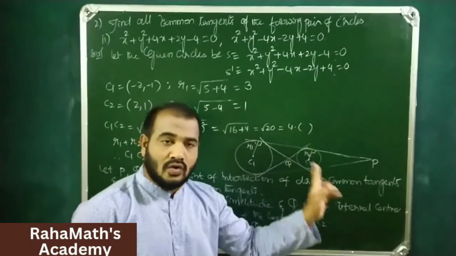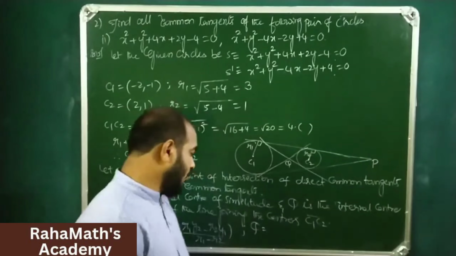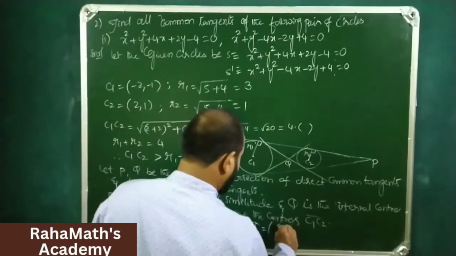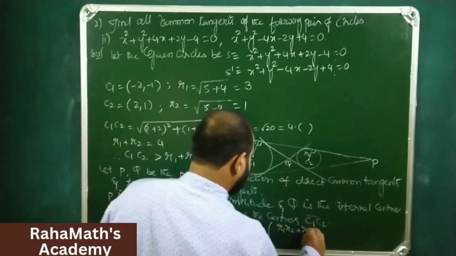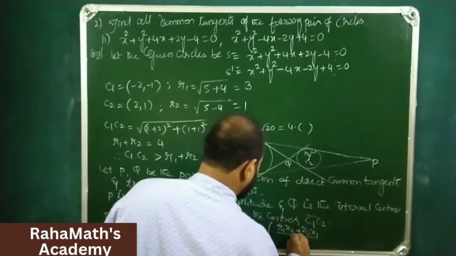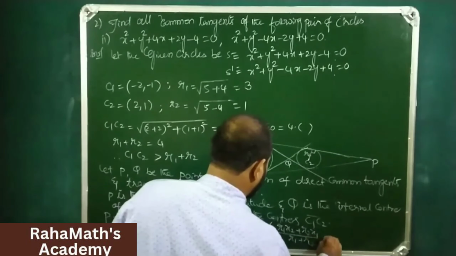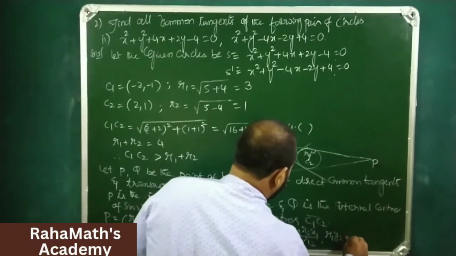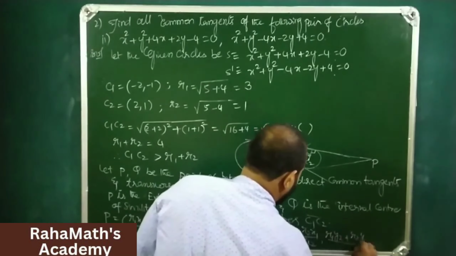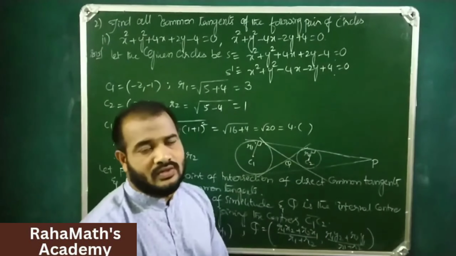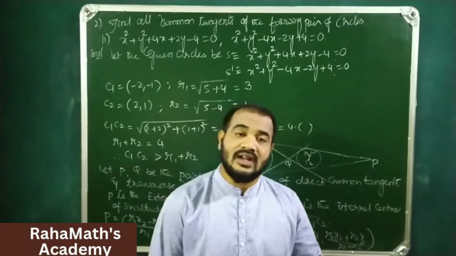That's why they are called the collinear points. So Q is equal to R1 x2 plus R2 x1 by R1 plus R2, comma R1 y2 plus R2 y1 by R1 plus R2. A little tedious process compared to what we have done yesterday.